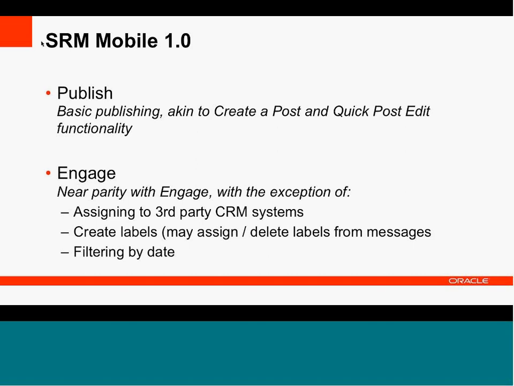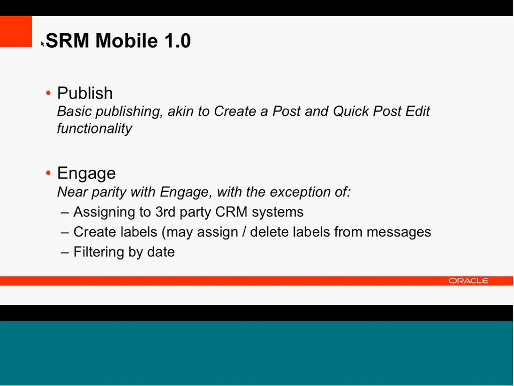So with this mobile app, not only can our users publish to their social media streams, but now we can engage with the customers as well while on the fly. Not only engage with them, but also use some of the other functionalities that are consistent with our SRM solution, and we'll take a look at that as well.